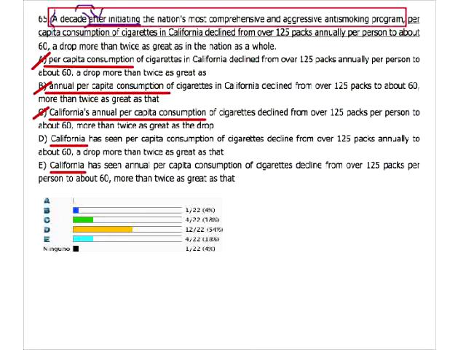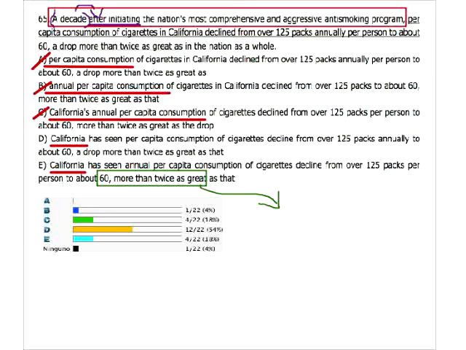Yeah, the problem is with E. The problem is this: we have this modifier where we need to be more explicit about what this is. Now, the clear meaning of the sentence is that it went down by over twice as much. So it's the drop that is more than twice as much.